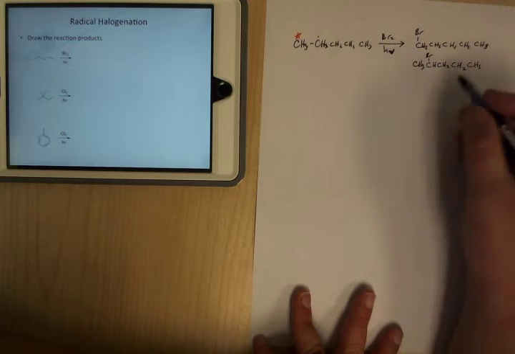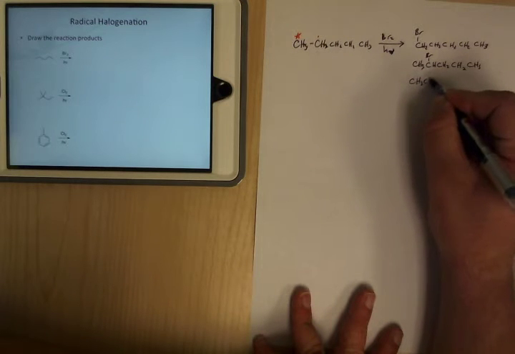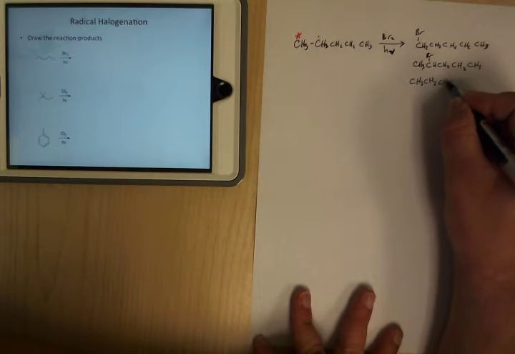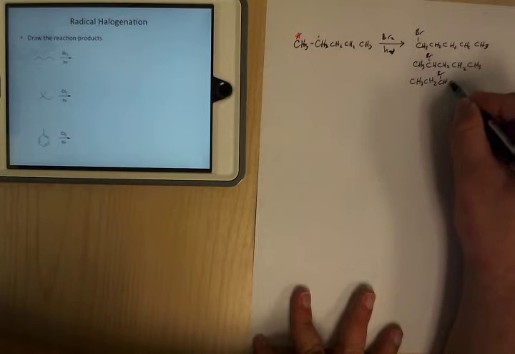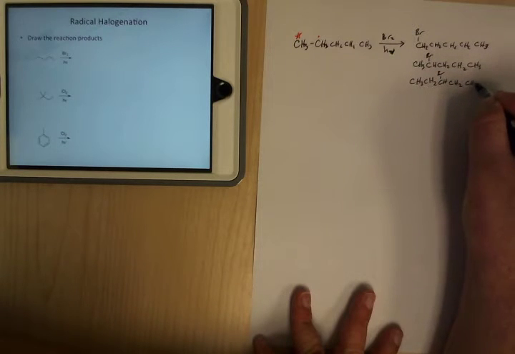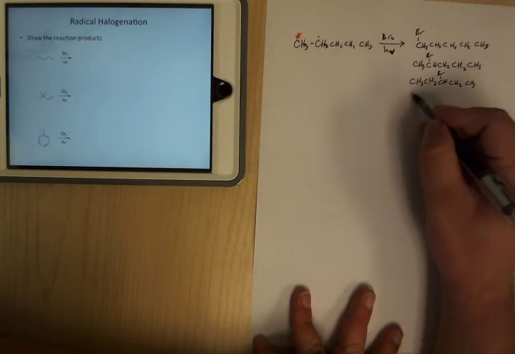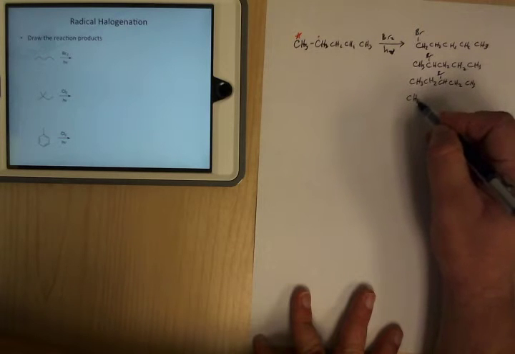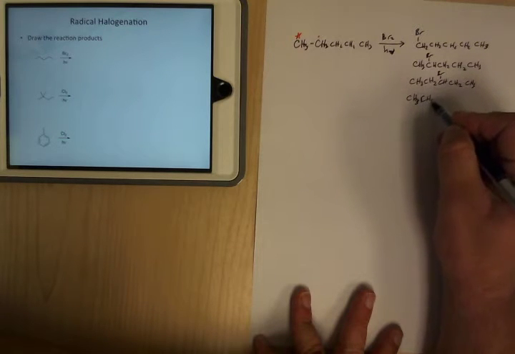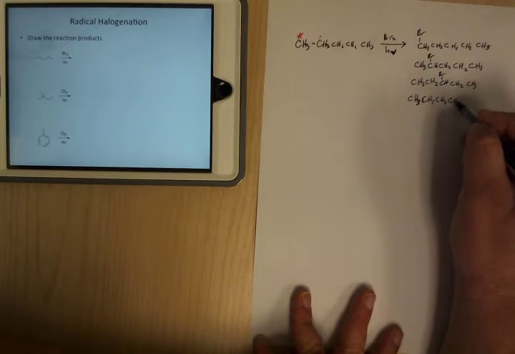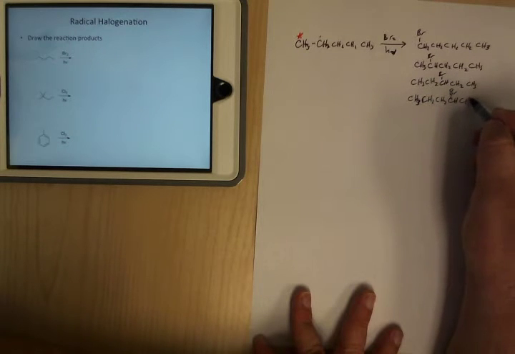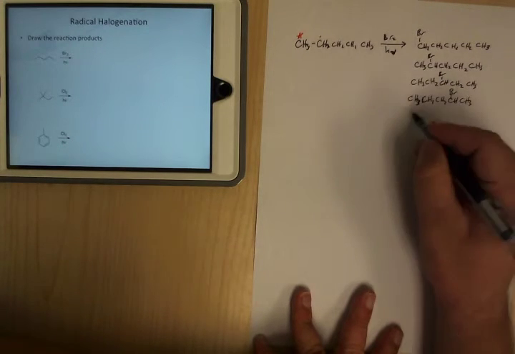Same goes with this one, and then that one: CH3, CH2, CH2, CH, bromine. And then this one here, that also works.